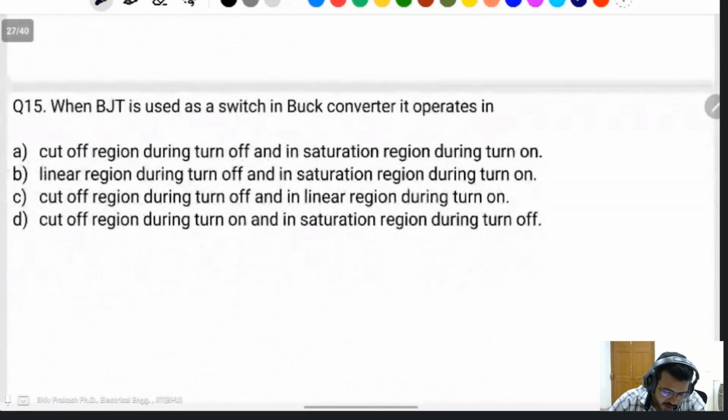When a BJT is used as a switch in a buck converter, it operates in the cutoff region during turn off and the saturation region during turn on.